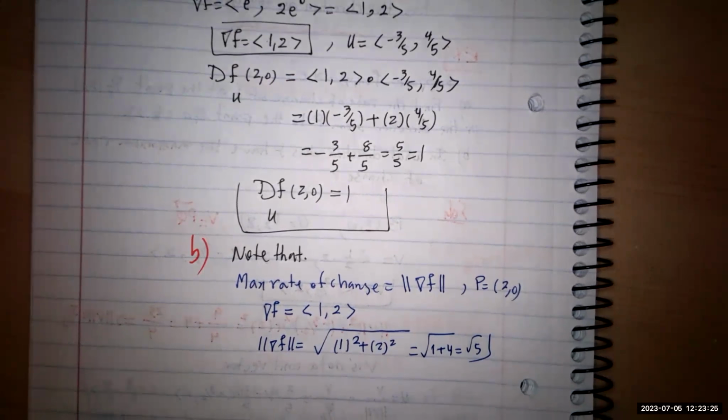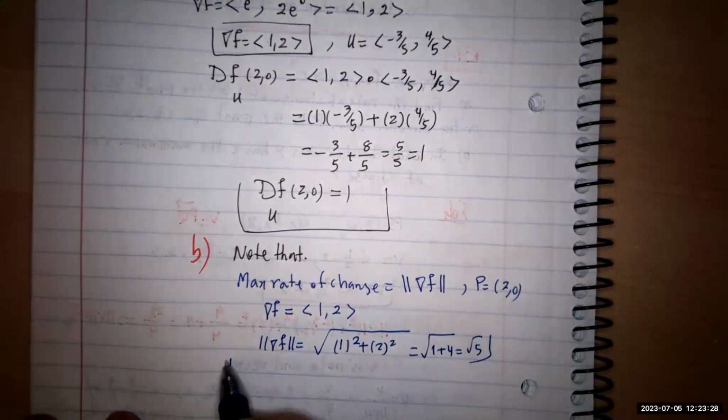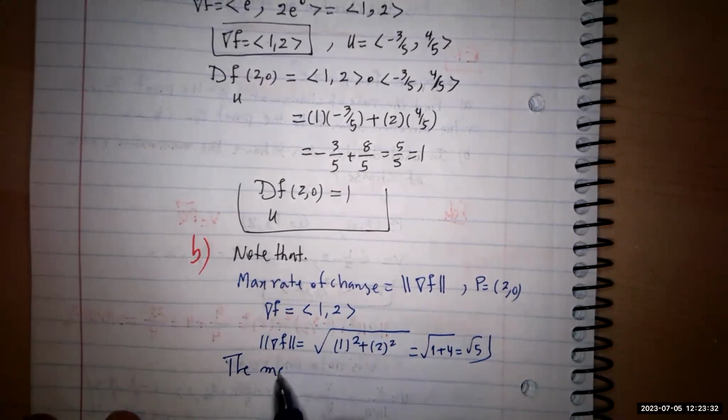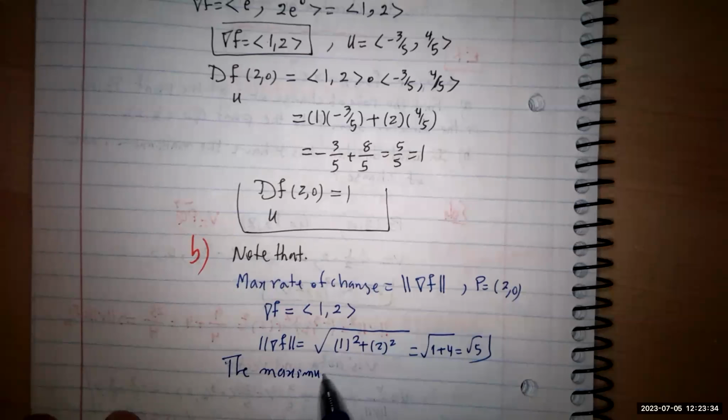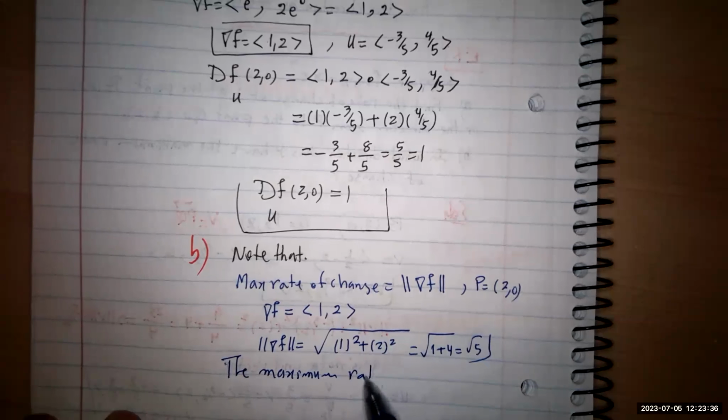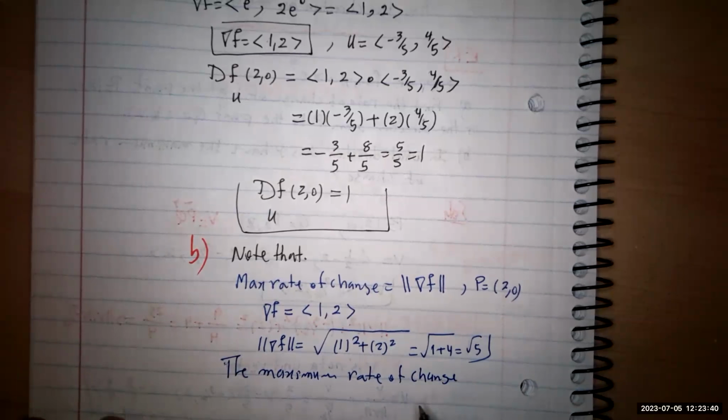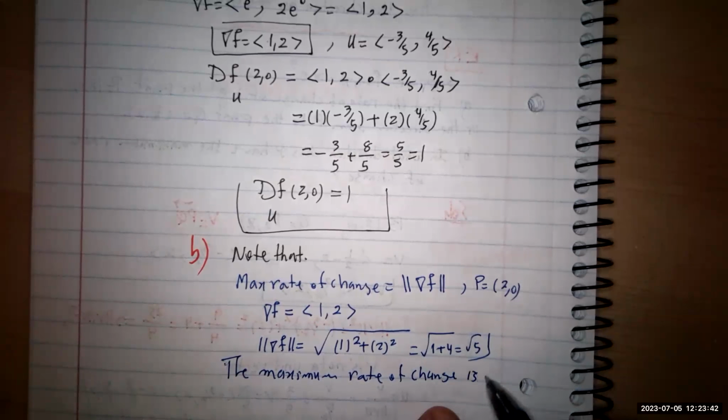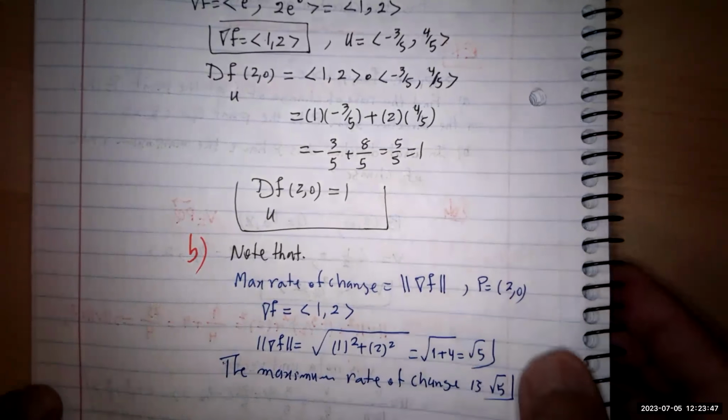So the maximum rate of change is going to be radical 5. In which direction are we going to get this?